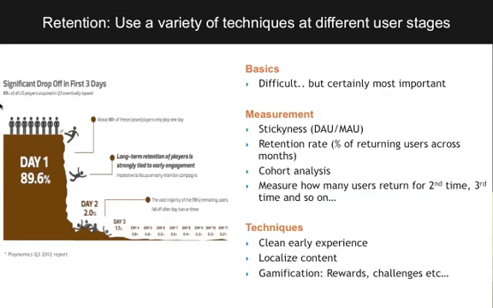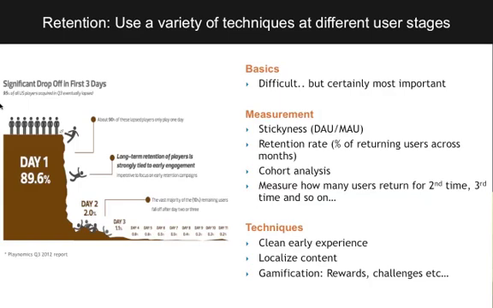And finally, gamification. This is sort of the new buzzword in the industry, where developers are using a variety of ways, such as rewards, challenges, and so on, to actually engage the users. Right? So I'm going to give you a few examples of how we've seen developers do this.